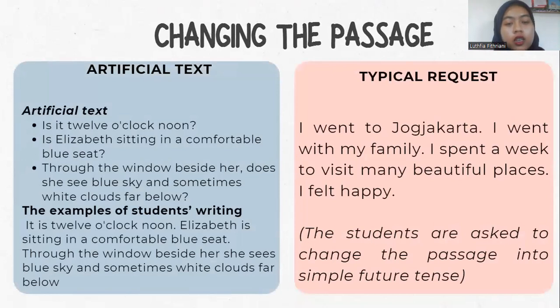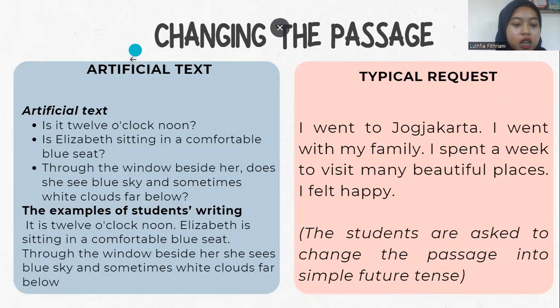In guided writing, we also have changing the passage. Changing the passage can be done with two types: artificial text task and typical request task. Do you know what the difference is between artificial text task and typical request task?